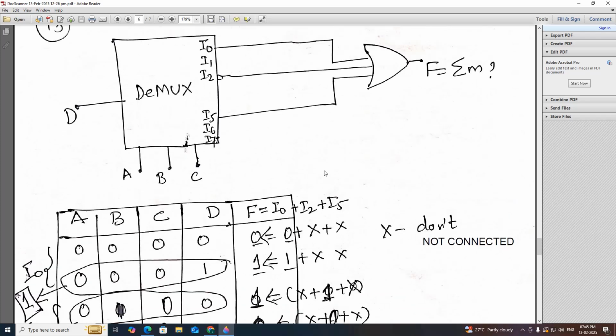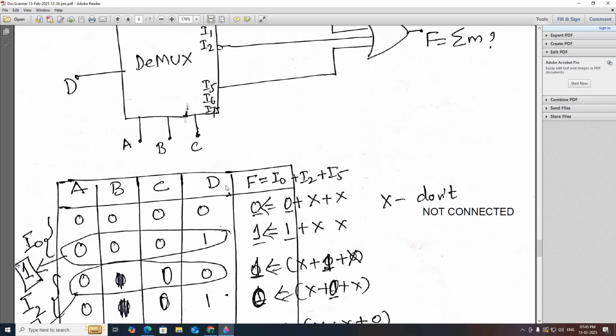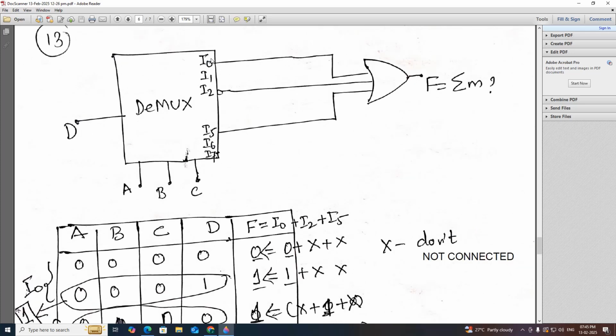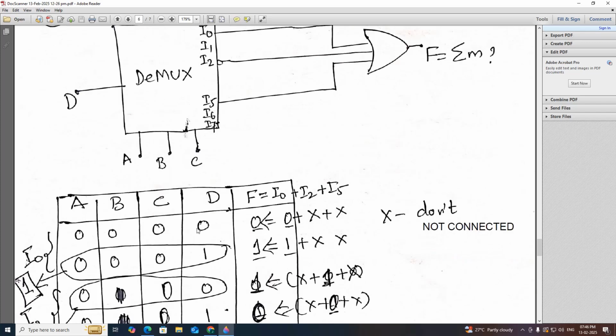Now if A, B, C are 0 0 0, because these are select lines, then I0 is connected to D. So I0 is equal to D. If D is equal to 0, you will get I0 equal to 0.